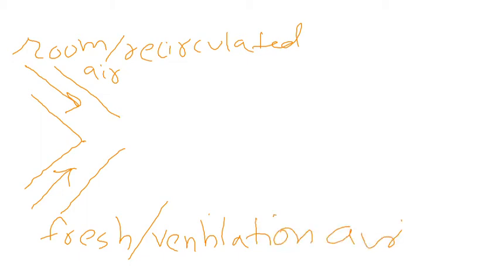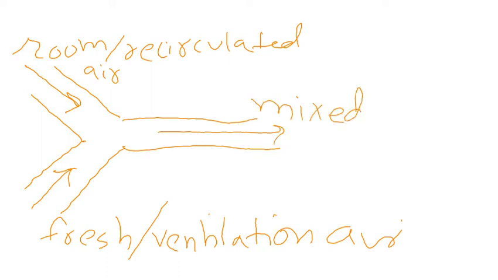And then this is the mixed air which goes to the AC coil. So as we had named this as state 1, this is state 2, and this is state 3.